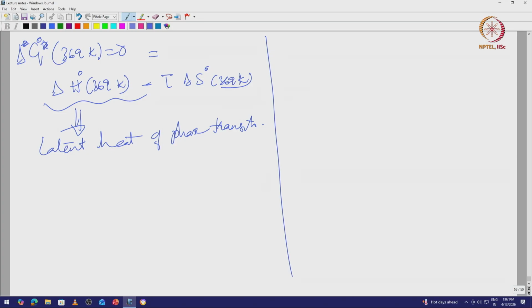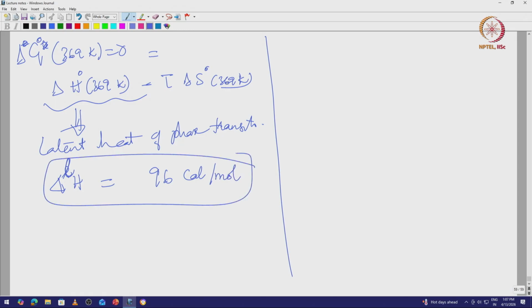Now, I have a value for that, I can tell you. It is a solid to solid reaction, so they also have latent heats. I am just going to call it delta HL, which is 96 calorie per mole, not kilocalorie per mole.